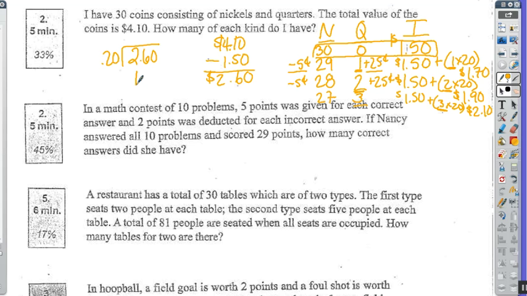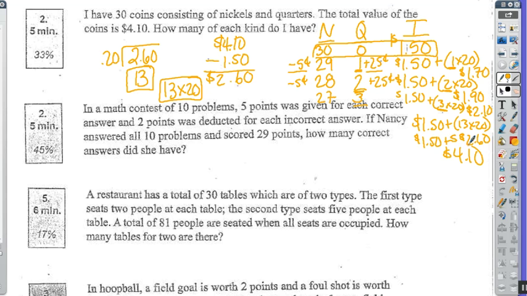Since I'm adding 20 cents every time, I can take my $2.60 and divide it by 20 cents, and 20 cents goes in there 13 times. So I know I need to end up with 13 times 20. I'll show you over here, $1.50 plus 13 times 20 gets me to $1.50 plus $2.60, which is a total of $4.10.